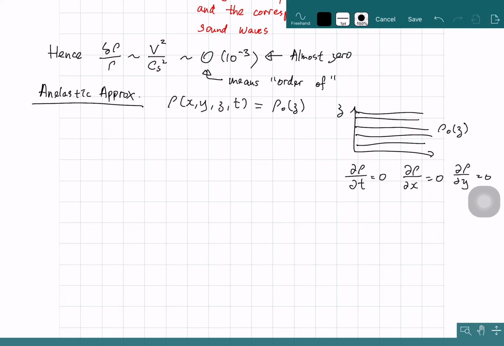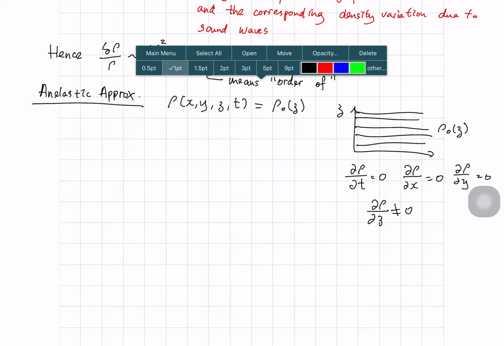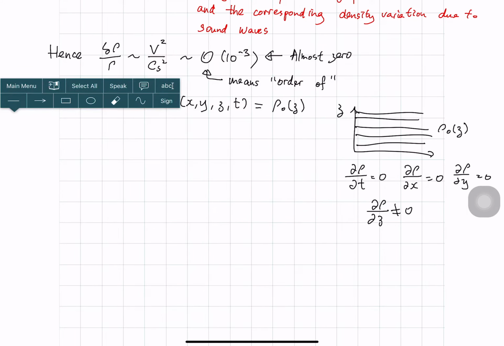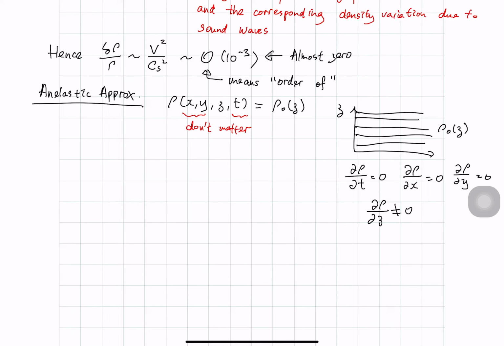But one thing that is not 0 is the vertical change. Which means that these dimensions don't matter.